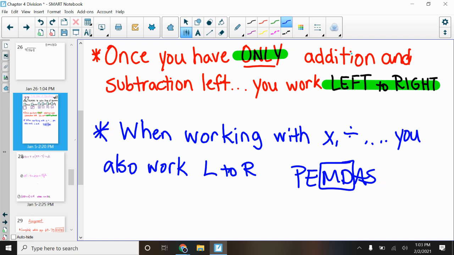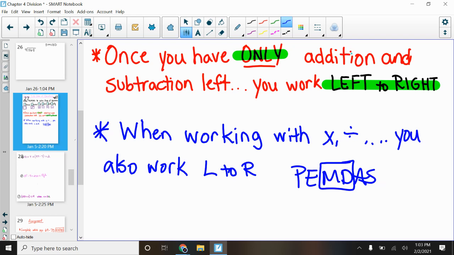You always do what's on the left side of the problem first. So if the sign happens to be the multiplication sign, then you're going to do the multiplication first. If it happens to be the division sign, then you do the division first. So you just got to be really careful that you don't reverse it and do the wrong order, because otherwise you're not going to get to the right answer, okay?